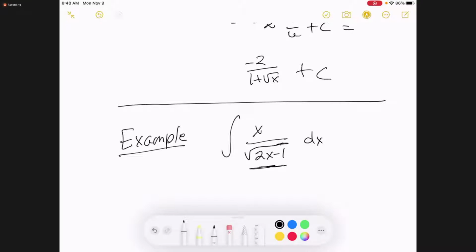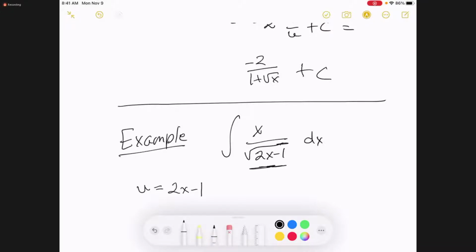What the u substitution is going to do is let me shift the complicated stuff out from under the radical. So I'm going to let u equal 2x minus 1. Now, will this work or won't it? Okay. You don't always know in advance, and especially you don't know in advance if you're just learning how to do this.